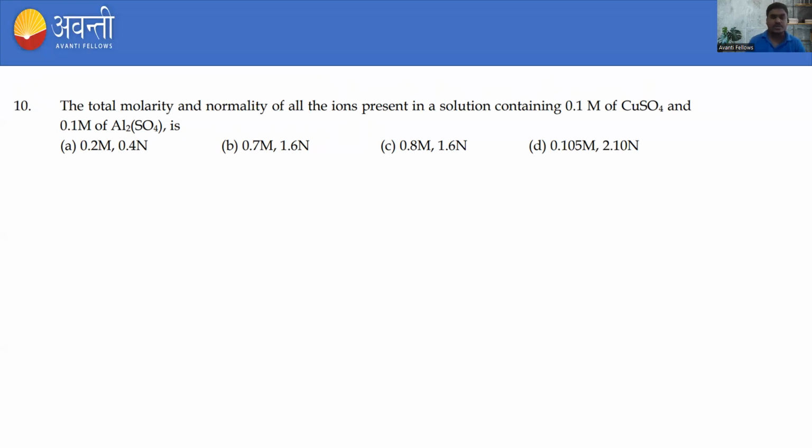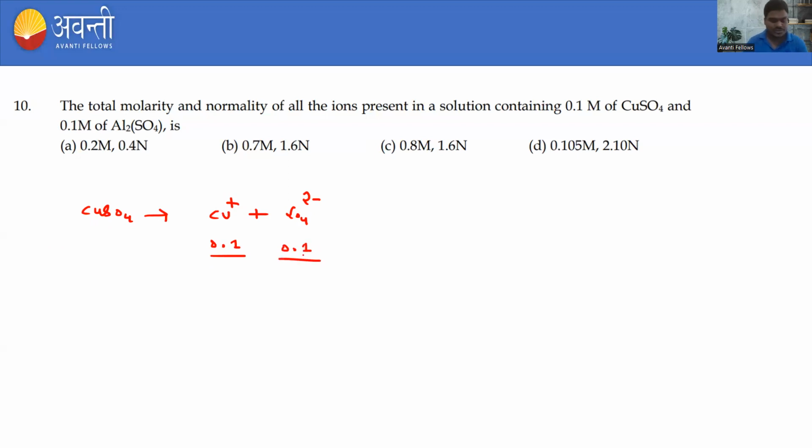So we know that the total number of moles of ions in the solution is 0.1 mole of copper sulfate, which gives 0.1 mole of Cu2+ and 0.1 mole of SO4 2-. When the copper sulfate dissociates into Cu2+ and SO4 2-, this will give 0.1 mole of this and 0.1 mole of this.